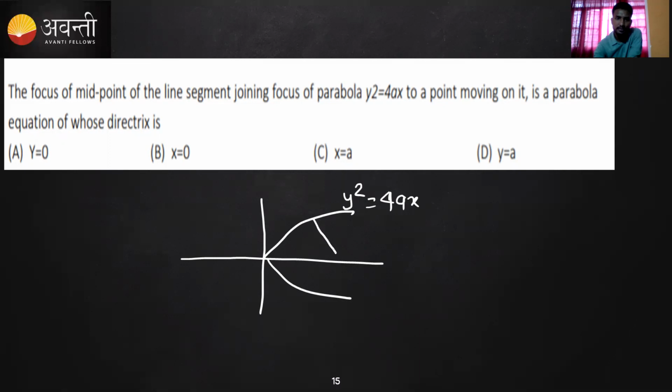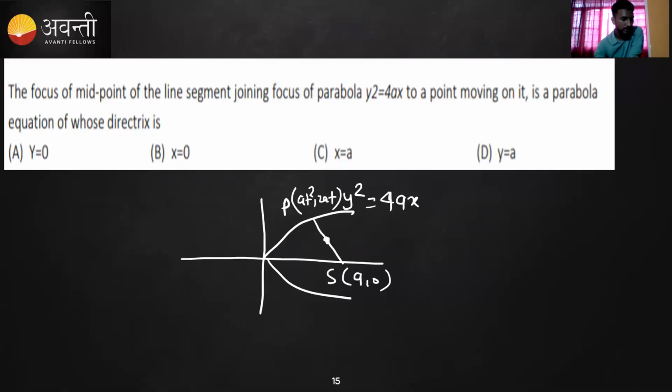Okay, so basically, suppose this is the focus, this is a comma 0, right? And this is point P, so we can also write it as at square, 2at. You know these things in parametric form, and we have to find the midpoint of this point and this focus.